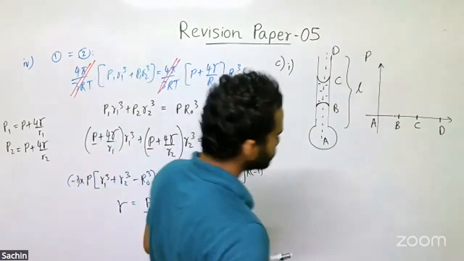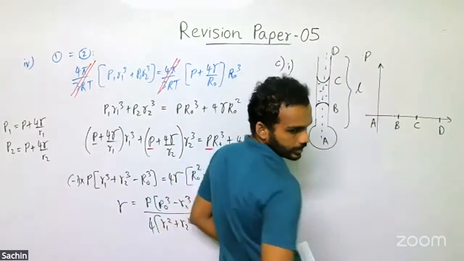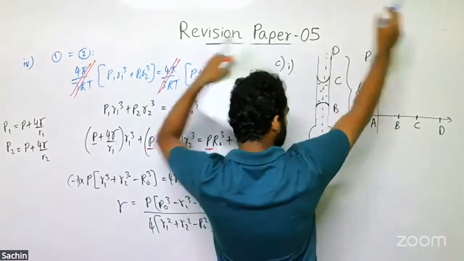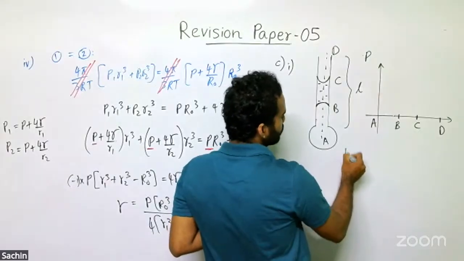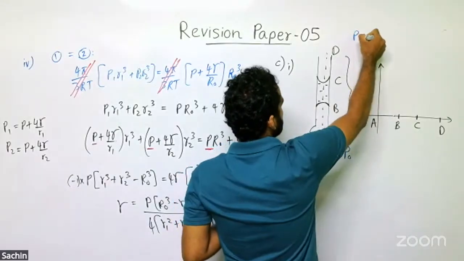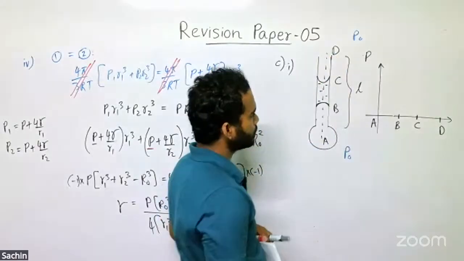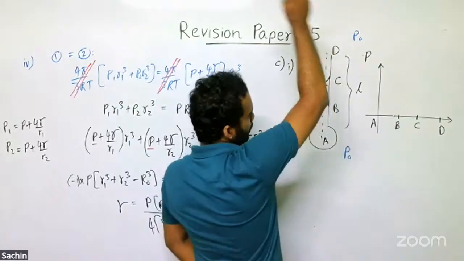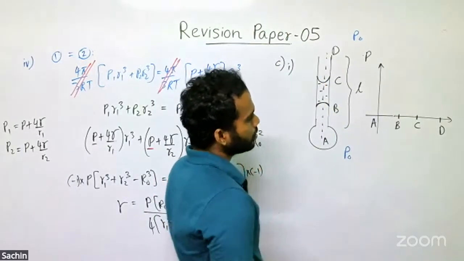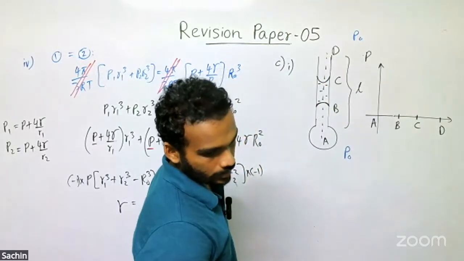So obviously, the external environment pressure is the atmospheric pressure. Of these A, B, C, D regions, which is directly exposed to the atmosphere?